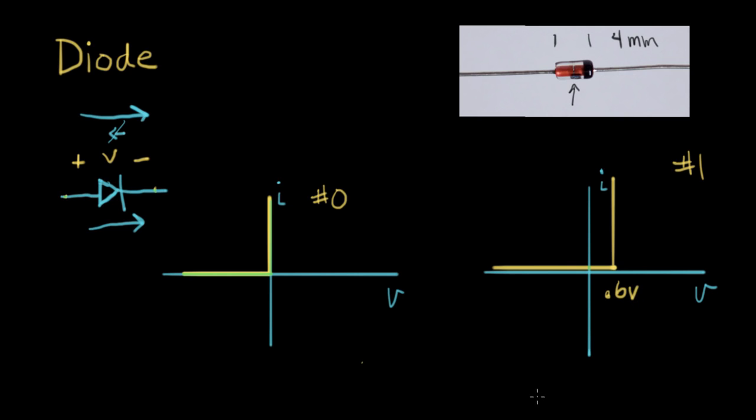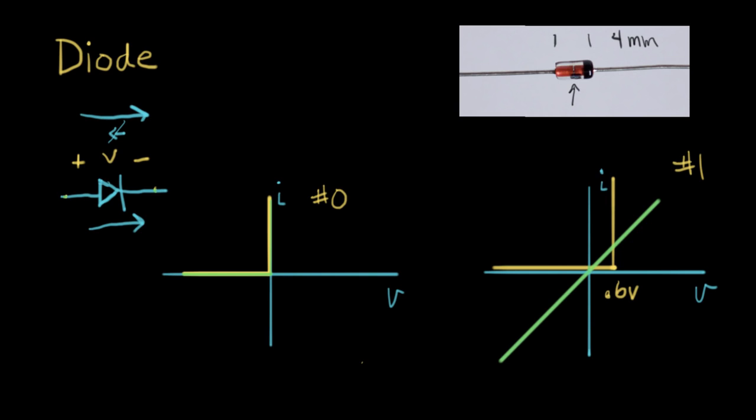For a lot of simple circuits that we build, this is a pretty good IV model of a diode. Just as a reminder, the IV curve of a resistor looked something like this. It was a line that went through 0 and had a constant slope. So a diode is a really different kind of device. It's a non-linear device, as we can see from this.